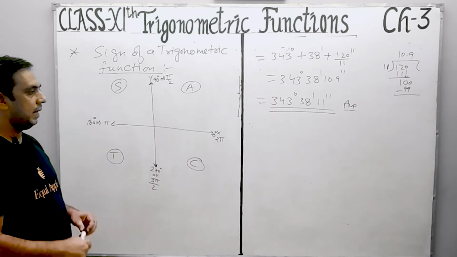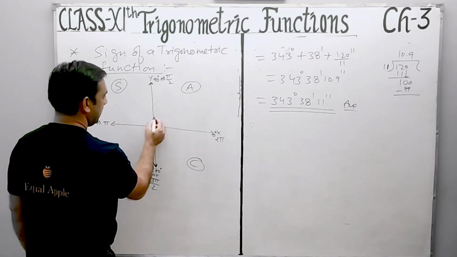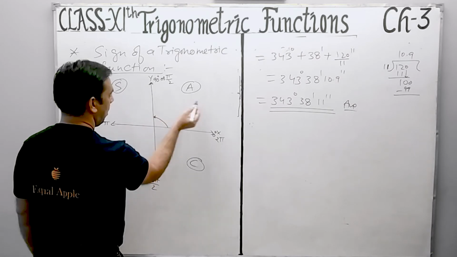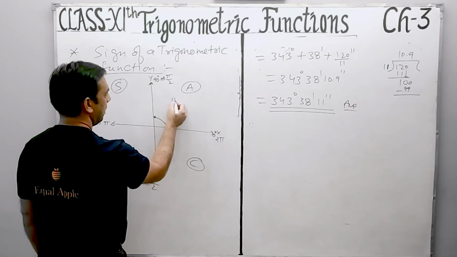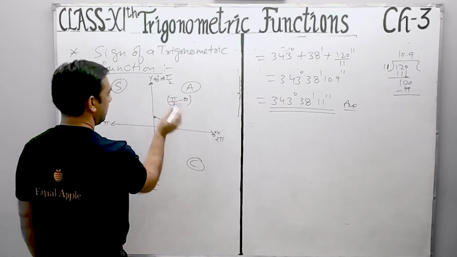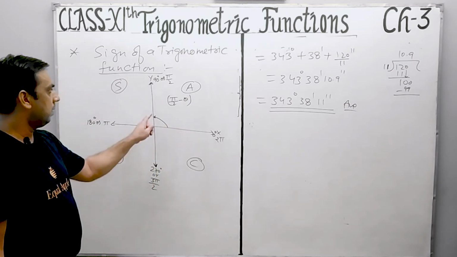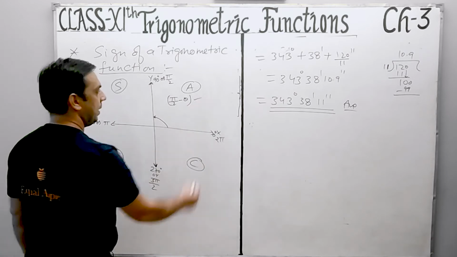It means we know that there are 6 trigonometric ratios. So according to that, in this quadrant, all trigonometric ratios are positive. This quadrant, you read it as 90 minus theta, pi by 2 minus theta, because the values come between 0 to 90.